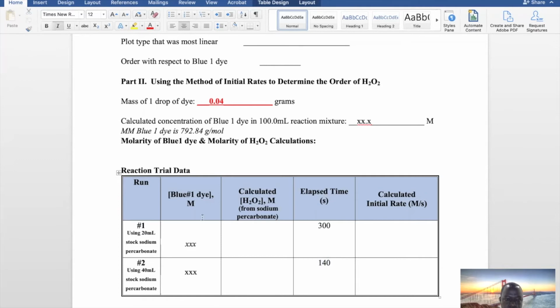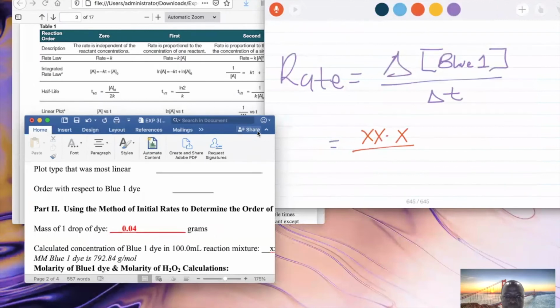And since this concentration is constant for both, we need to find the reaction order with respect to M. So let me just give you the layout of the calculation.